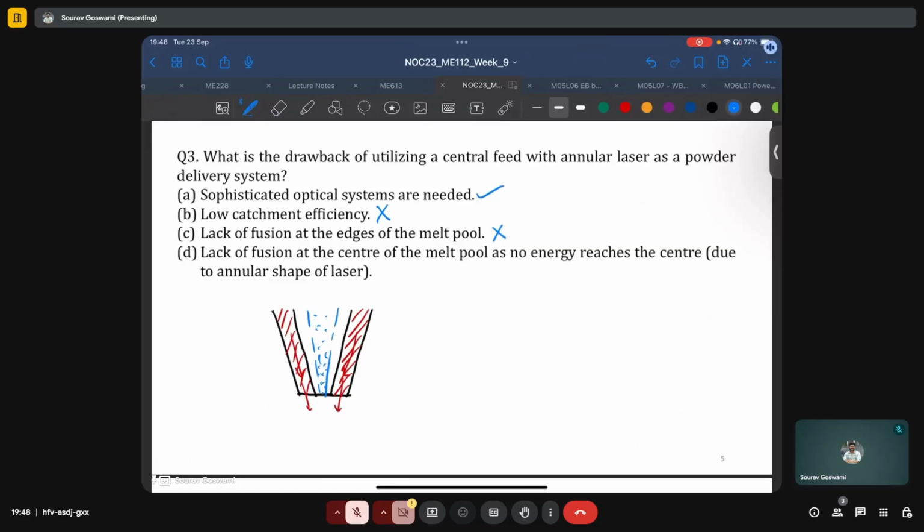If I took various sections and saw what the laser looked like, say here it may have this donut-like profile, but it will keep on converging.